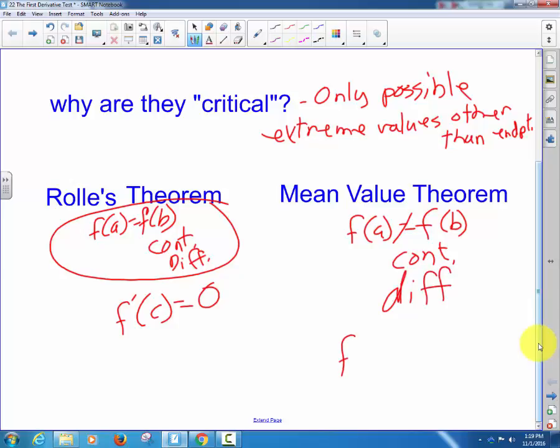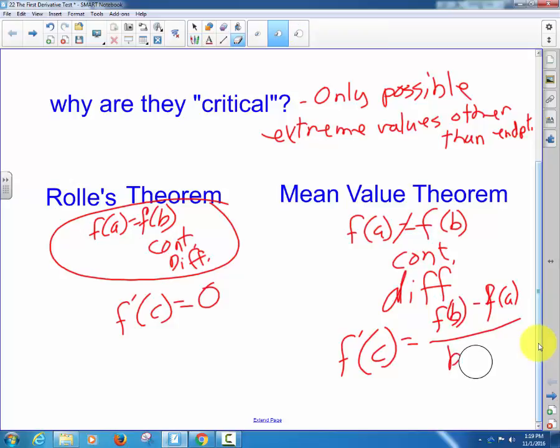And in that case, there has to be a c so that, if I find the slope between the endpoints, then there has to be a point where the derivative equals that slope. If it's continuous, if it's differentiable, and the endpoints aren't the same, that has to be true. All of that's reviewed.